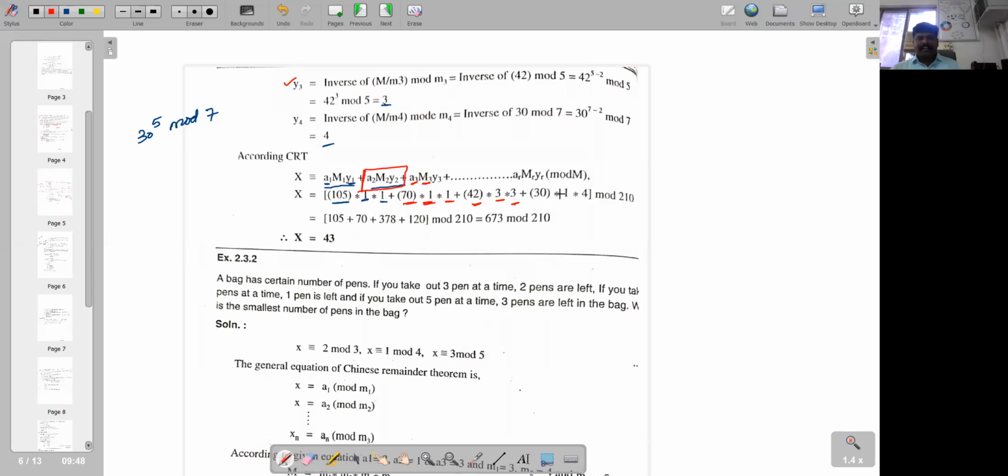Multiplied by the fourth value, which is 30, my M4, then A4 which is 1, and the remainder we calculated, Y4, which is 4. So 30 into 1 into 4. If we add all these values, 105 plus 70 plus 378 plus 20, mod 210, you will get 43. This is the number to be calculated based on the given equations.